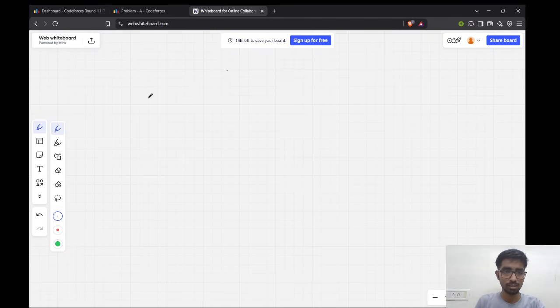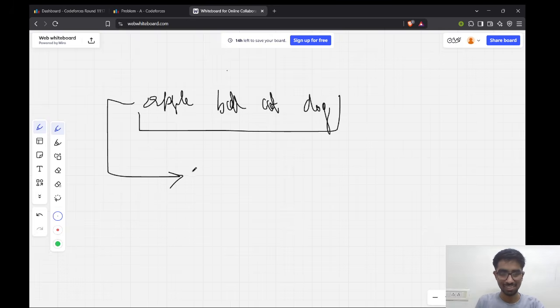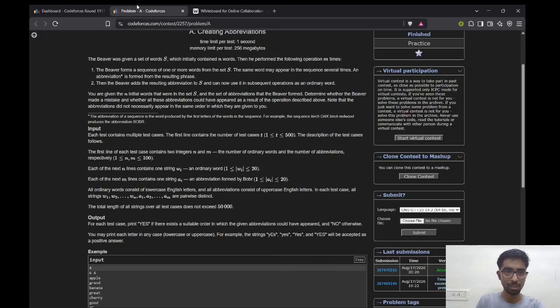Abbreviation means, let's suppose there is apple, ball, cat, and dog. I hope you all would be familiar with this. So when we create the abbreviation of it, the set of words would be A, B, C, and D. And why am I writing capital letters?